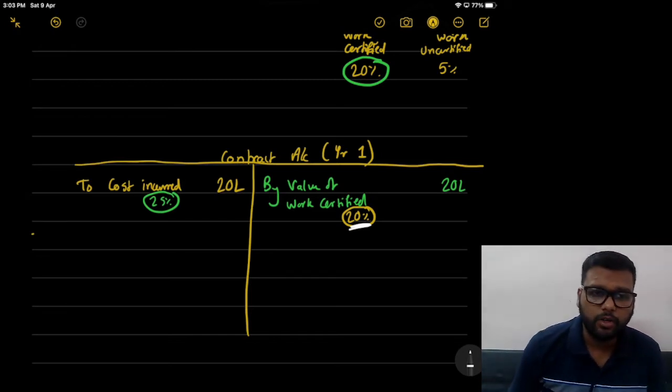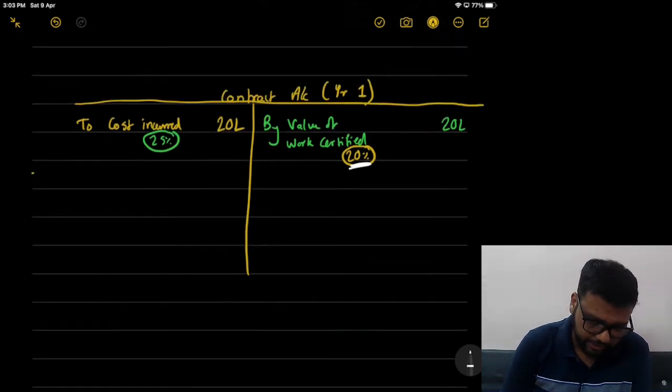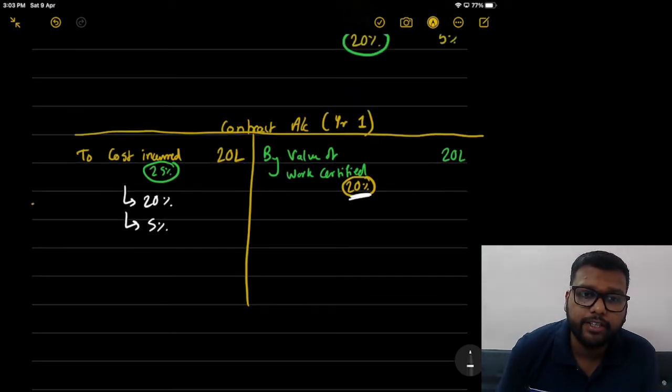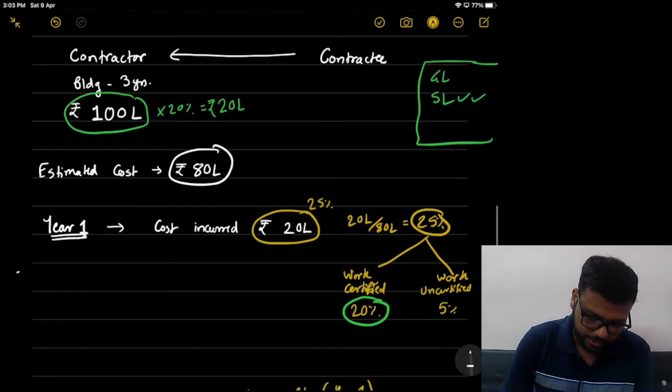Now understand carefully, very carefully. Let's divide that cost. Instead of 25%, let's divide that cost into 20% and 5%. Instead of writing 20 lakhs, what should I write then? 20% and 5%.